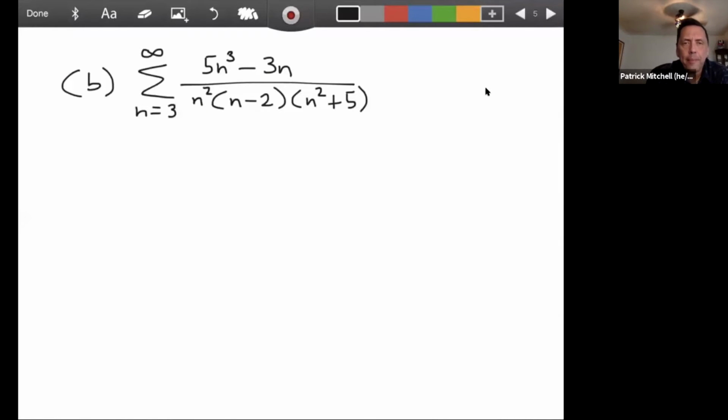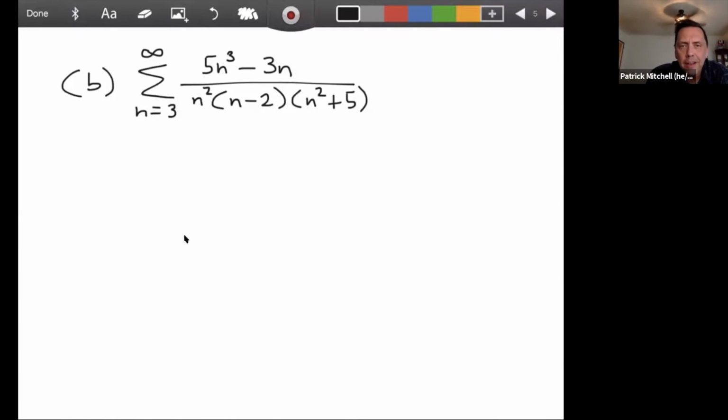All right, next example, the sum n going from 3 to infinity of 5n cubed minus 3n over n squared times n minus 2 times n squared plus 5. Actually looks like a fun partial fractions problem.